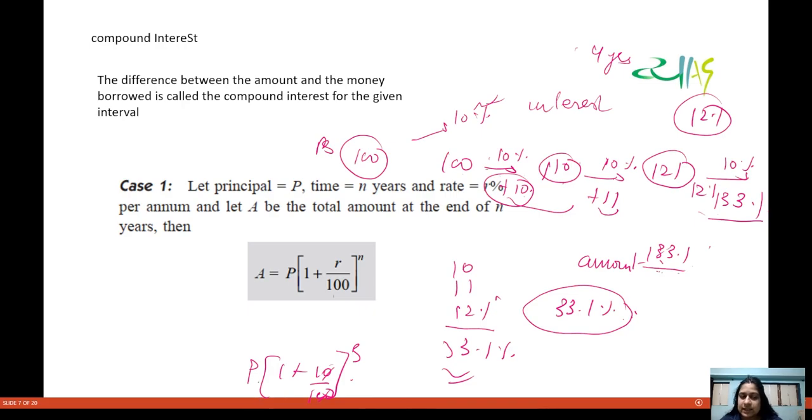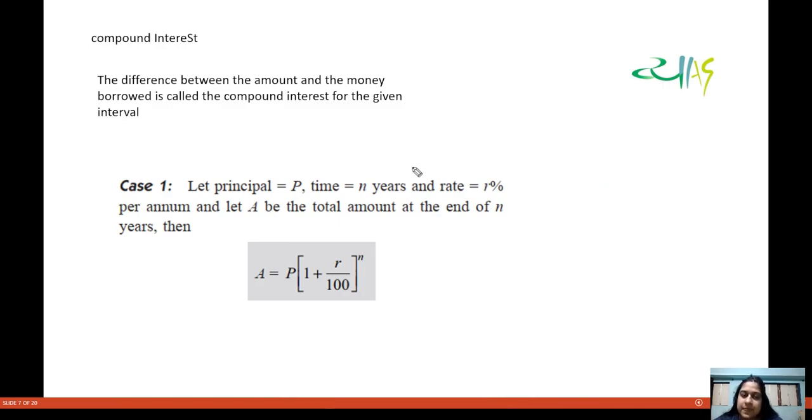If we do it by this method, it becomes P(1 + 1/10)^3.